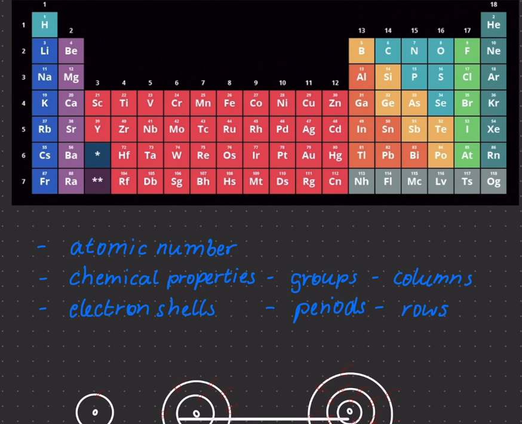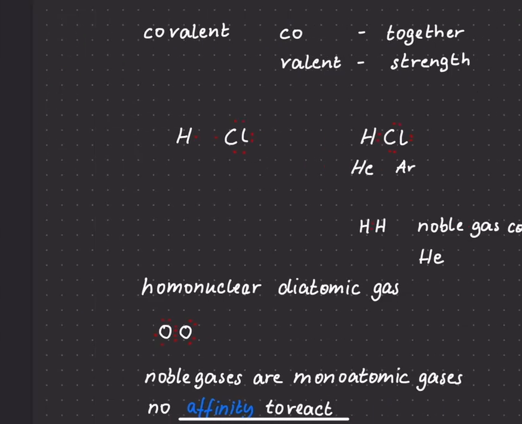When the elements are arranged in this way, there is a recurring pattern in their chemical properties called the periodic law.